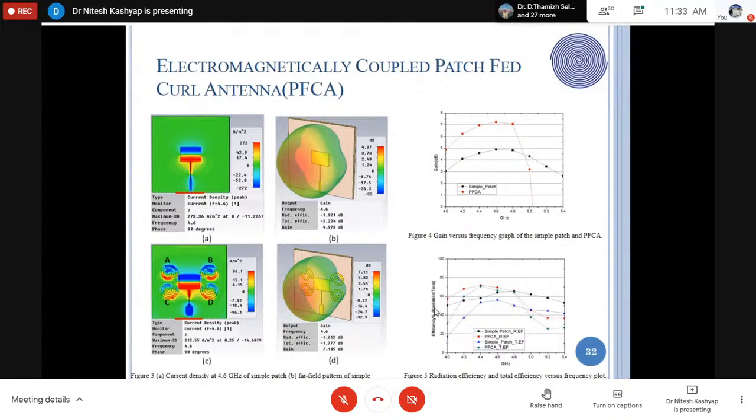So the efficiency is also improved and the gain is also improved in the operating frequency.